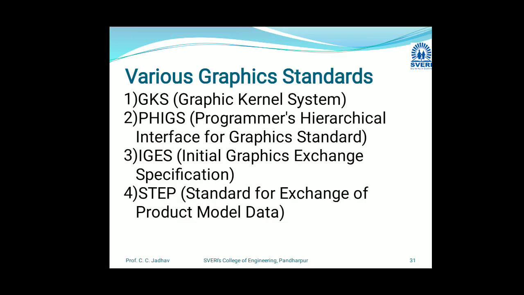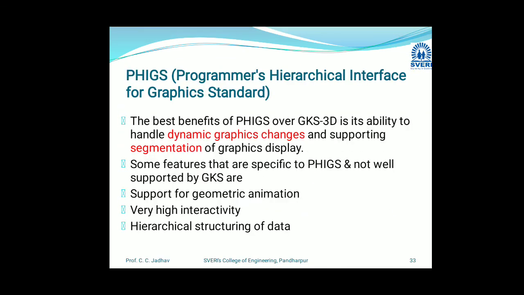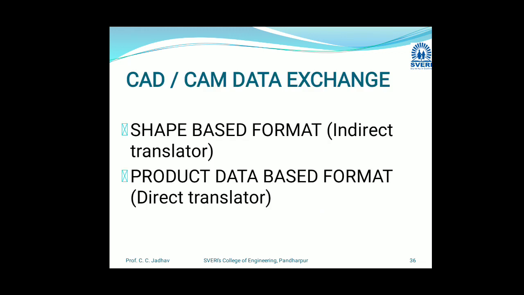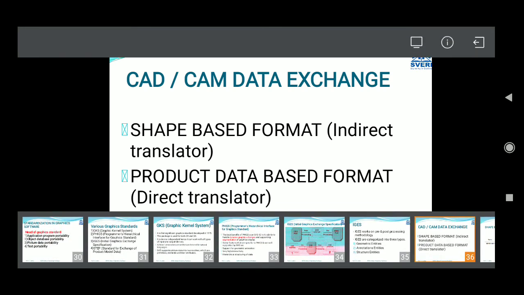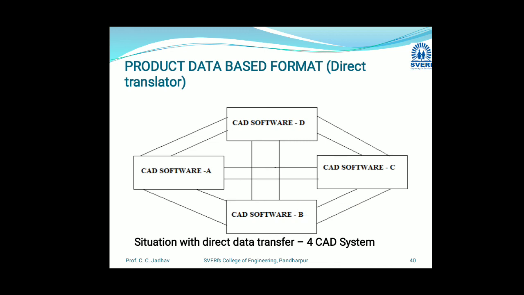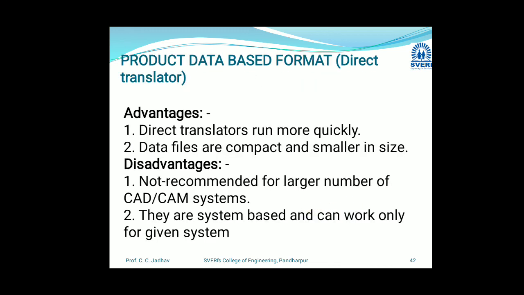Then various graphics standards, GKS, PHIGS, IGES. Then we have seen the data exchange formats, the direct system and indirect system, and their advantages and disadvantages. So this is enough for today's lecture. The remaining part we will see in the next lecture.